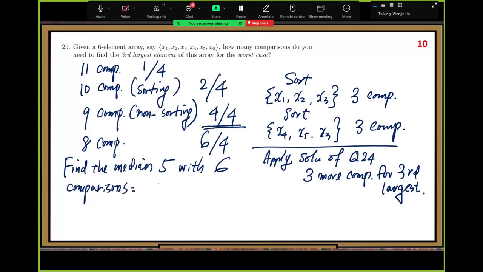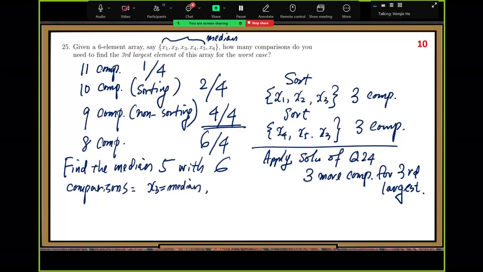For example, here, median of 5. Let's assume we find the median of the first 5 elements, first with 6 comparisons. So let's say x3 is the median.